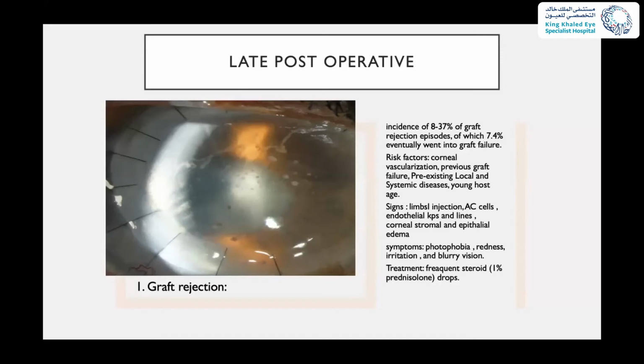The treatment should be prompt as soon as it is recognized, with very frequent, usually Q1 hour steroid drops in form of 1% prednisolone. Those with high risk or non-compliant can benefit from periocular or systemic, either oral or intravenous steroids.